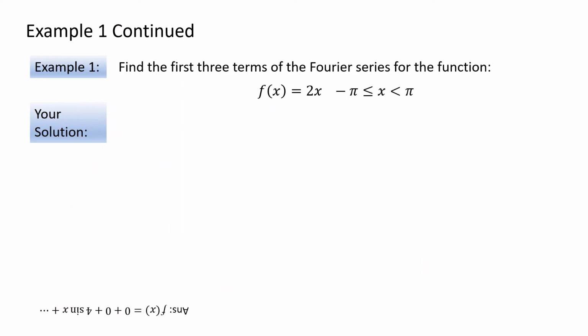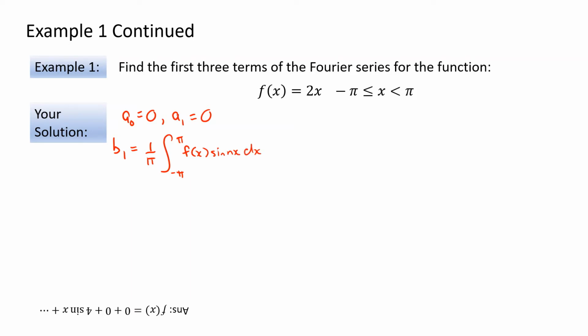So the last term we have to find: we found out so far that a0 is 0 and a1 is equal to 0. So now we have to find b1. b1 is equal to 1 over pi times the integral from negative pi to pi of f of x sine nx dx.